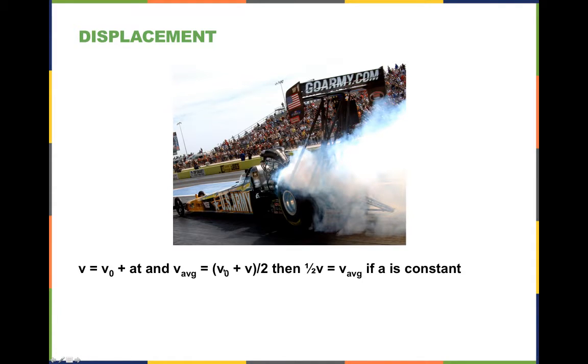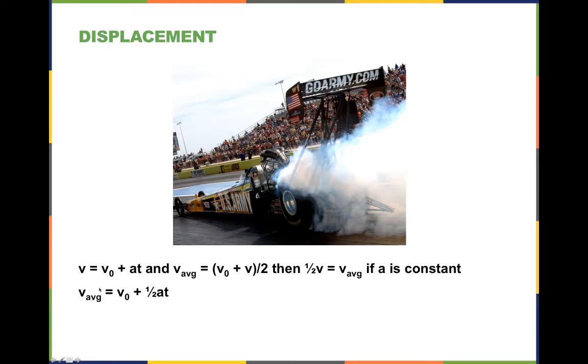Now if this is 0, then the average becomes 1/2 of V final. This is also true if A remains constant. So if A remains constant, then whatever this is divided by 2 ends up being the average velocity.